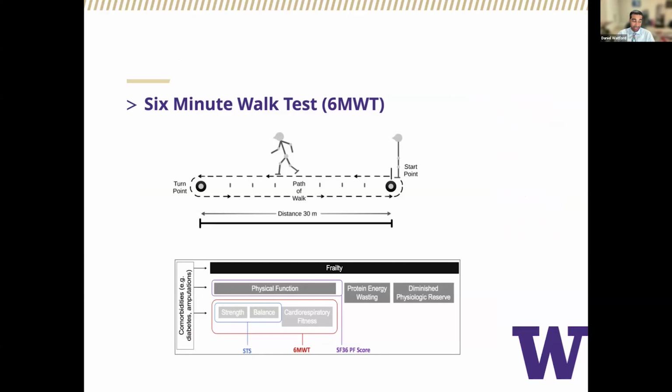The 6-minute walk test is an assessment of physical function, and it takes into account cardiorespiratory fitness and endurance, and also strength and balance. What we essentially do is have patients walk along a set course, typically about 30 meters, and we measure how far they're able to walk in 6 minutes. This can be done at whatever pace is comfortable for the patients.